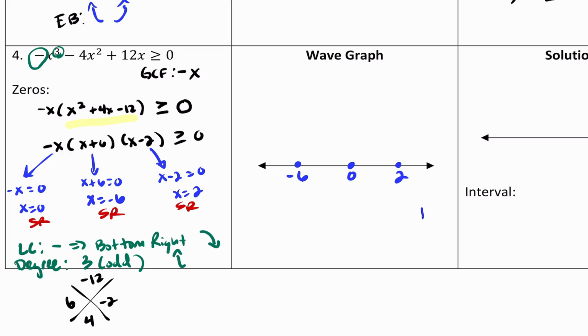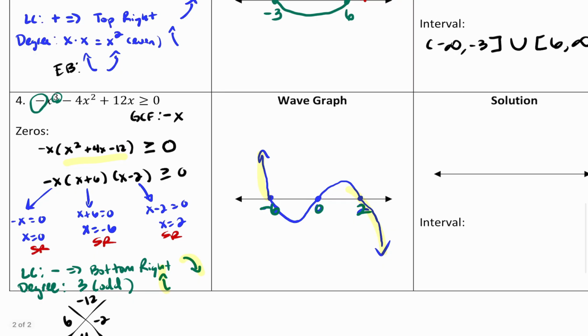So I'm going to go ahead and draw my wave graph. As I approach 2, that is a single root, so I'm going to cross. 0, it's a single root, I'm going to cross. And then -6, that's a single root, I'm going to cross, okay? Let me go ahead and fix the graph a little bit. Okay, so it should look something like that. The end behavior should agree, right? So we have greater than or equal to. So that means we need to shade above the x-axis, right?